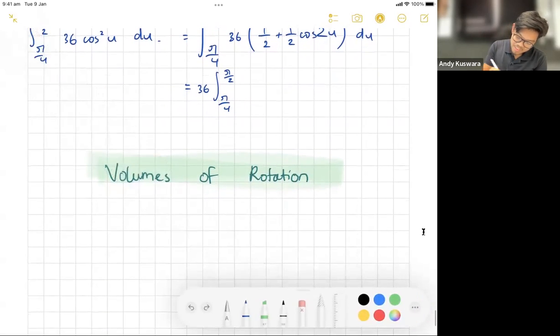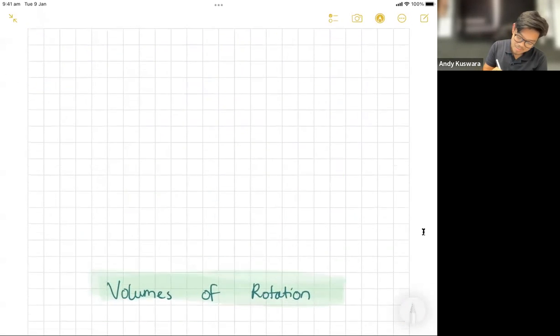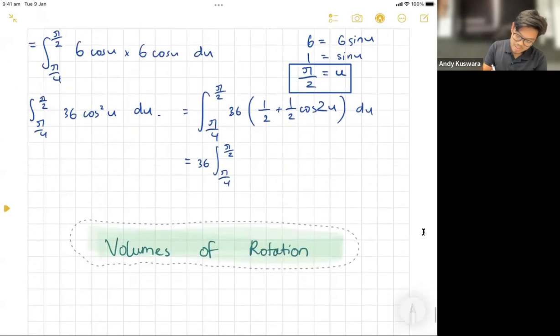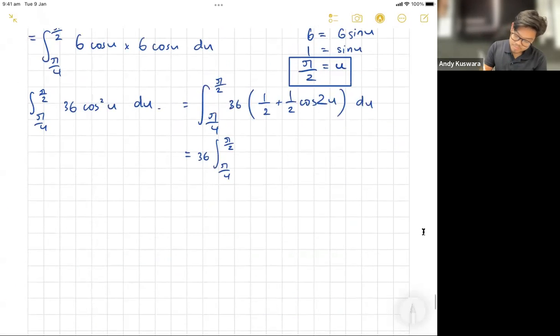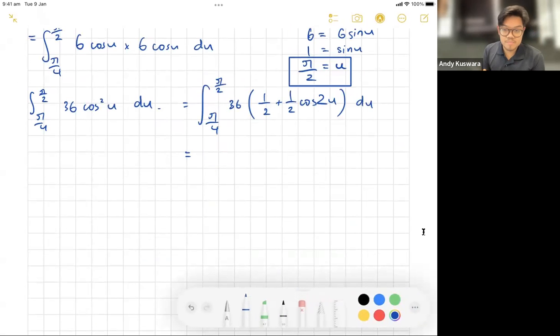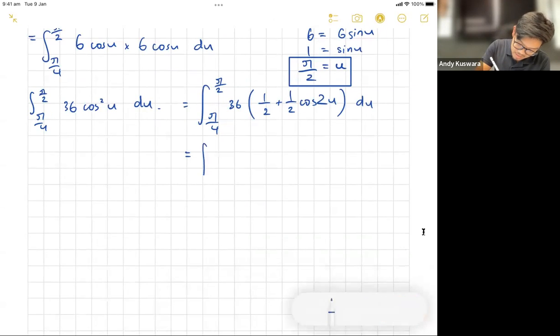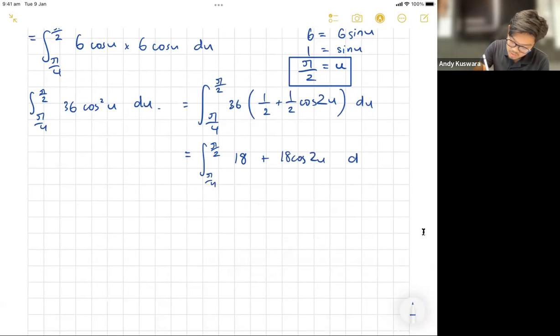You guys get a little bit of a hint on what's next, but I'll keep that for later. Let's see what we got. Okay, expanding it out, what we should get is integration between pi on 2, pi on 4, 18 plus 18 cos 2u du.